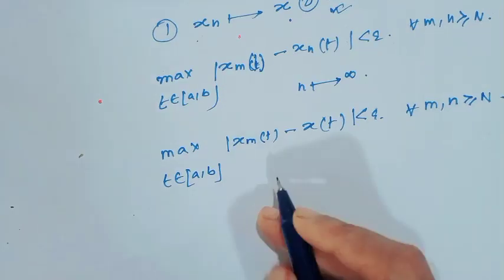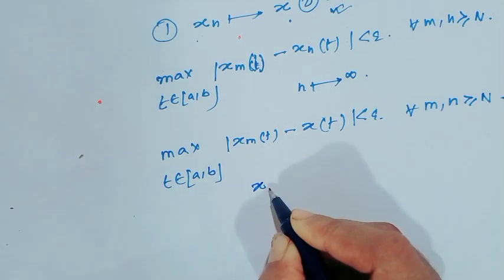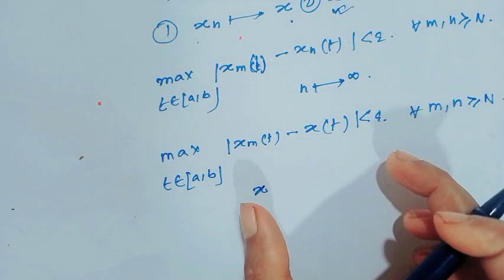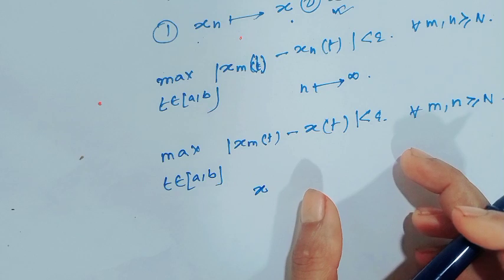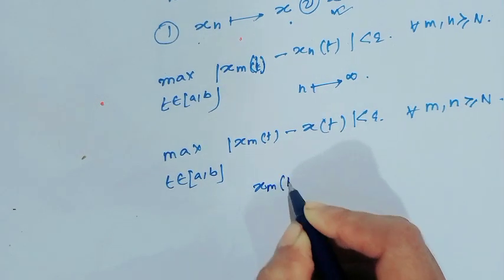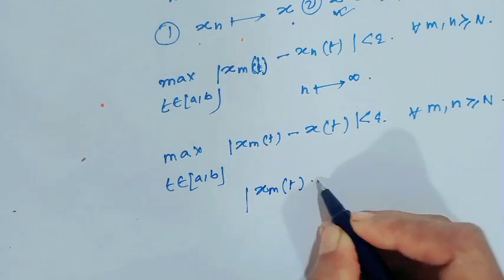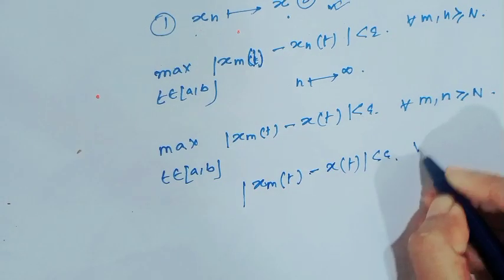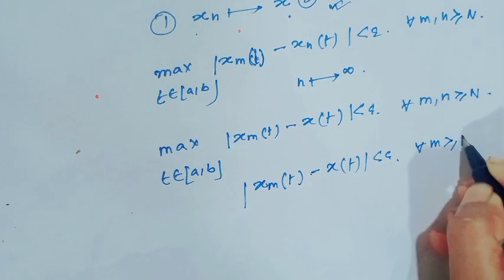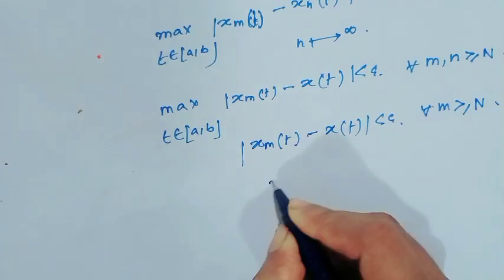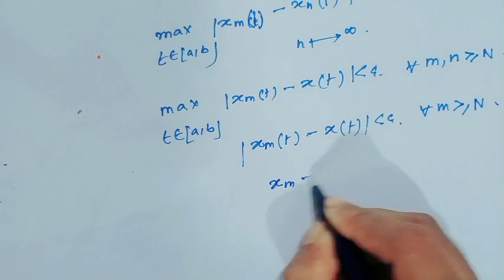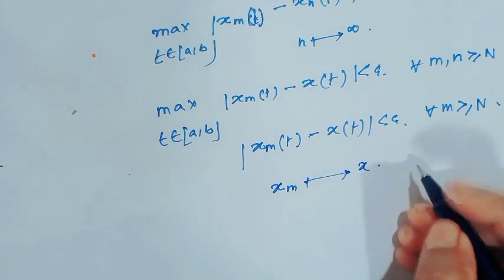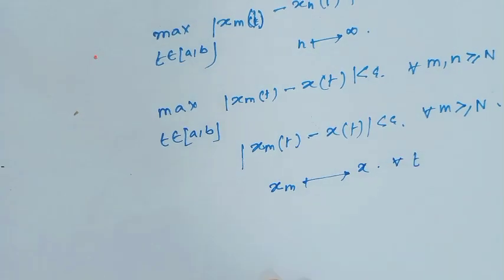That implies, from this expression we can tell, since the maximum of |x_m(t) minus x(t)| is less than epsilon, obviously the absolute value of x_m(t) minus x(t) is also less than epsilon for all m greater than or equal to N. This is true, x_m converges to x, and this is true for all t.